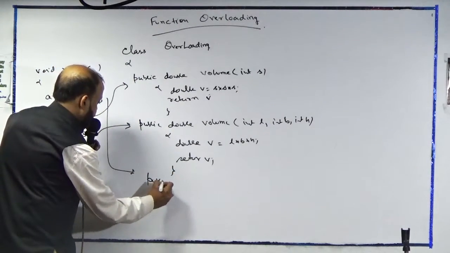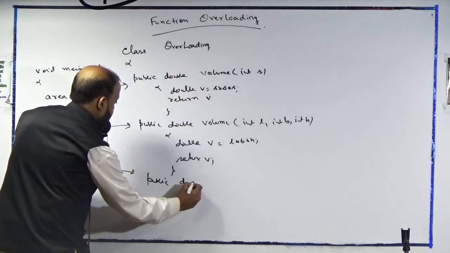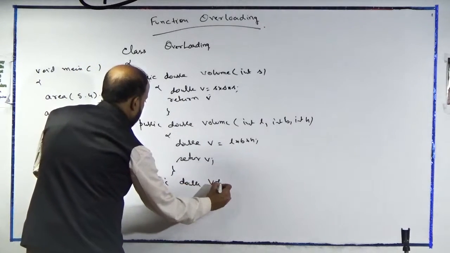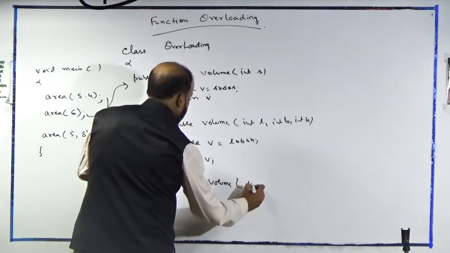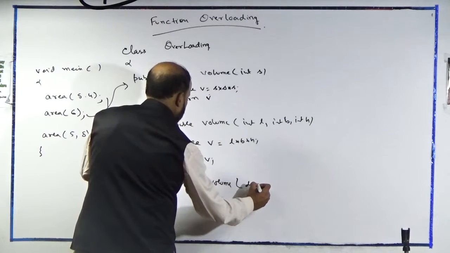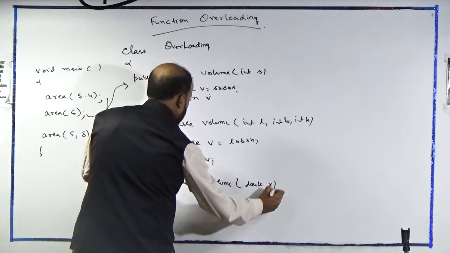And the third one, if told, public double volume. We have double R for radius.